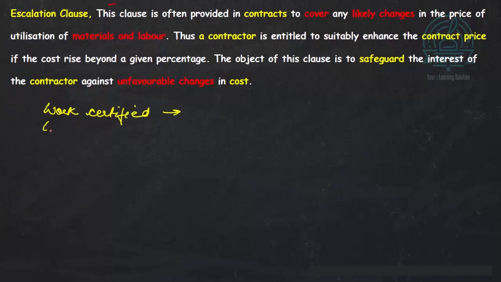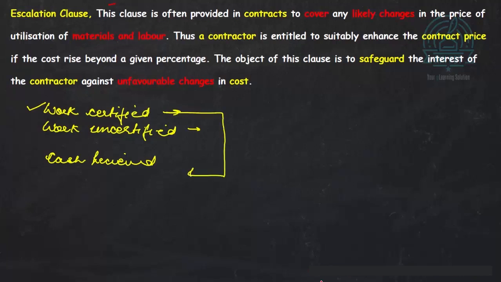Next is work uncertified. Work uncertified means the work not certified by the surveyor of the contractee. And next is cash received. Now, what is this cash received? Cash received means if the work is certified by the surveyor, the contractee has to make the payment for that. But the contractee never makes the full payment.